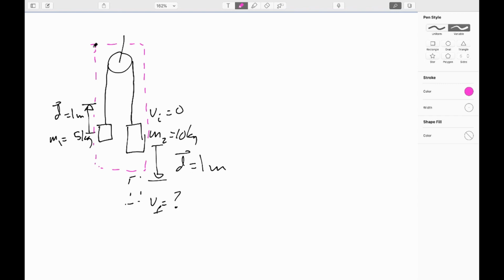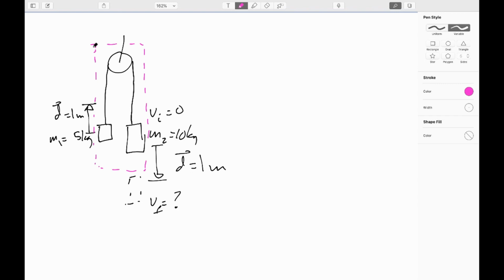And then we don't have to worry about the work done by tension on the masses. If you were to look at two systems, you'd have to figure out the work done by tension, but it would turn out that they would be opposite signs to each other.